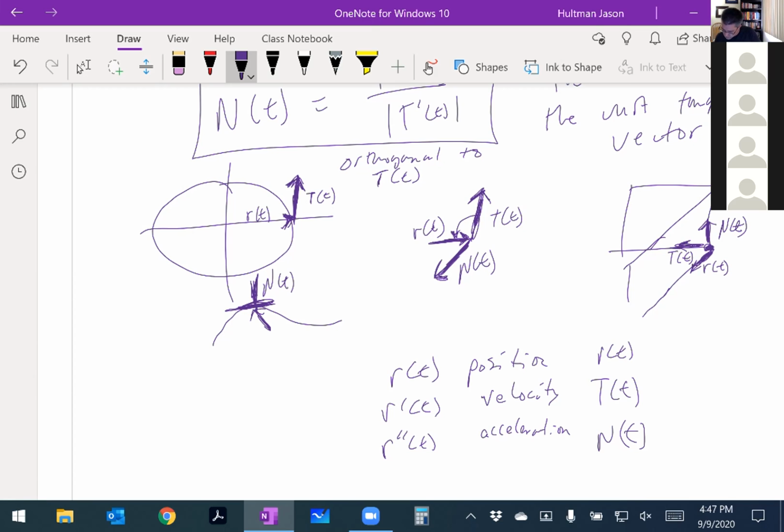This is one unit, and we could make this one unit too if we really wanted to make it a unit vector. We'd call it u of t, and that's a unit vector.